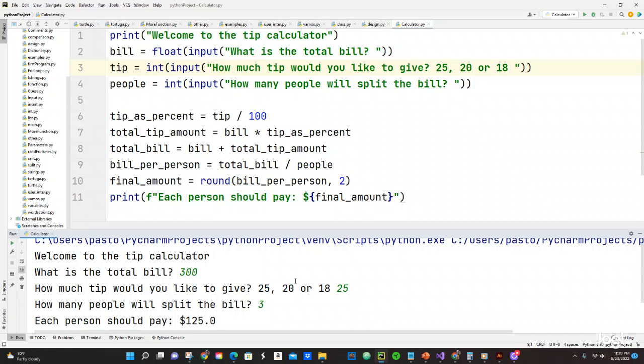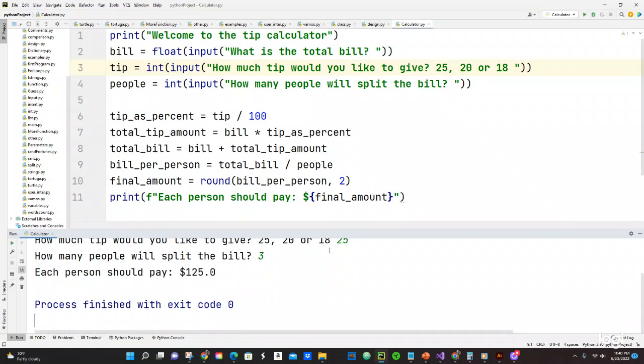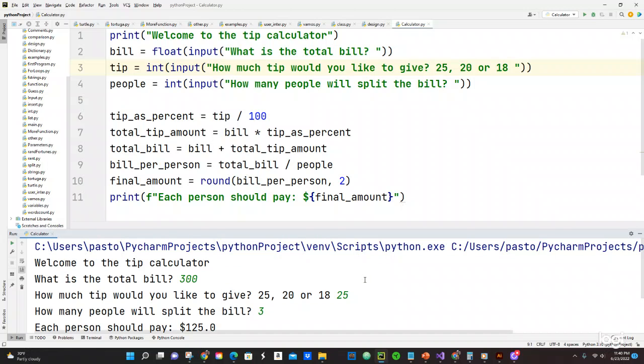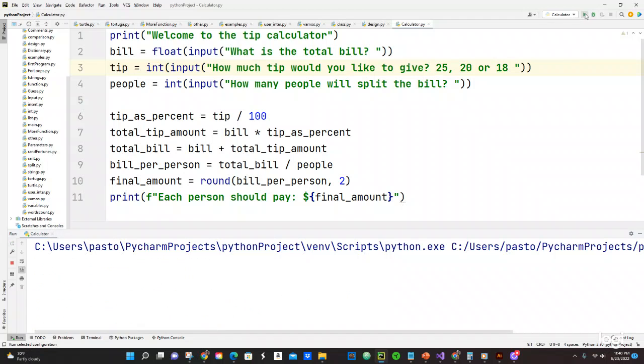We have a total of 375 divided by 3, which should give us exactly 125, and that's what it gave us. I did the math in my calculator too, so that I know I had the specific information right here. Cool, that worked.